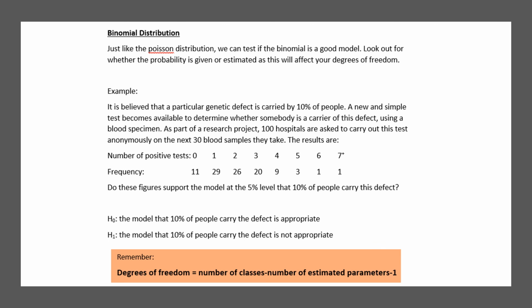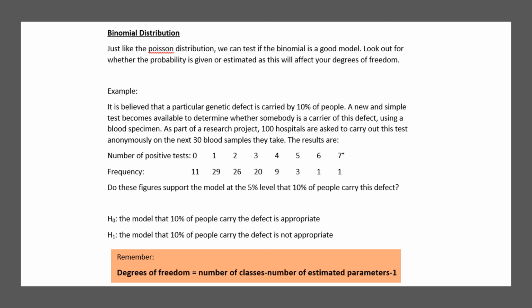So the null hypothesis is that 10% of people carry the defect. The binomial distribution is appropriate. So the model that 10% of the people carry the defect is appropriate. In other words, H0 is that the model is good to go. It's a good model to use. H1 is that the model is not appropriate.